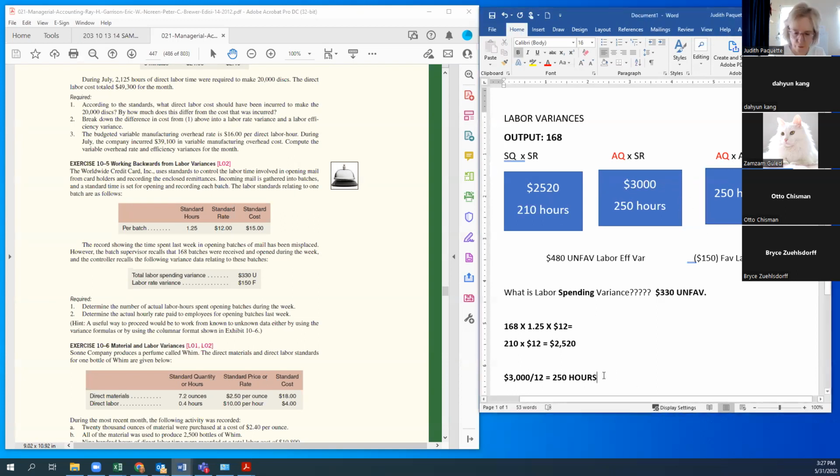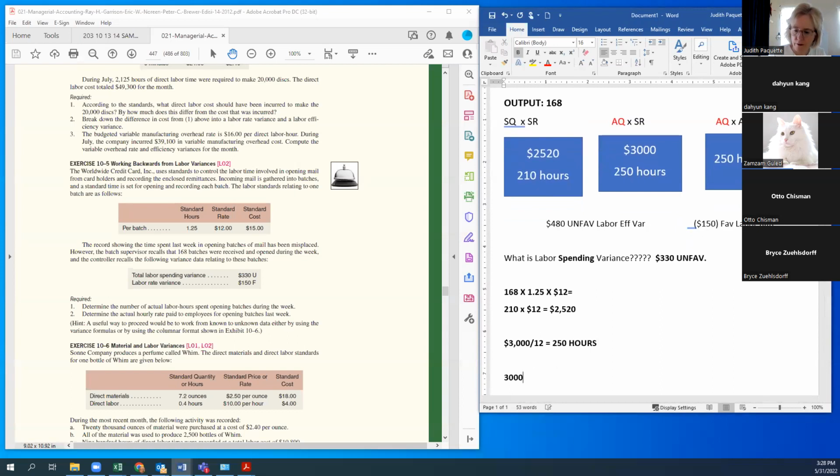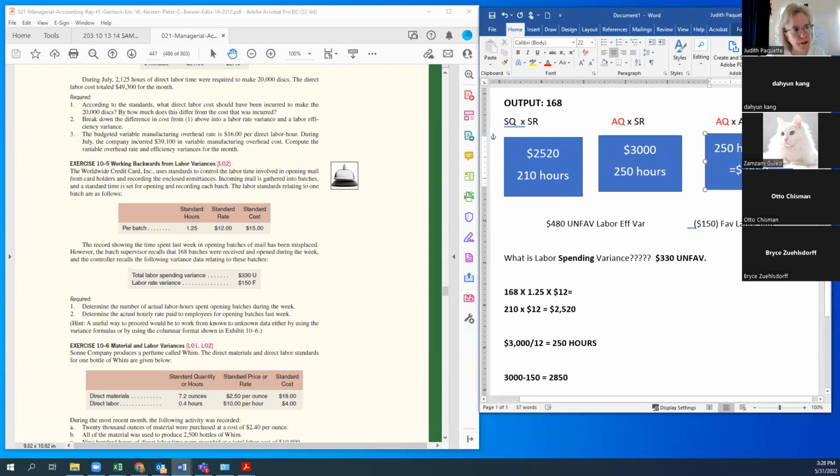So 3,000 minus 150 is going to be equal to 2,850. Okay. So then you just say 2,850 divided by 250 hours, and you come up to something like what?